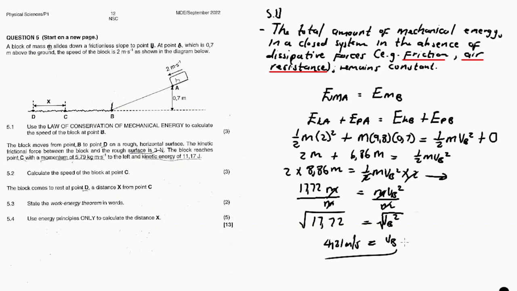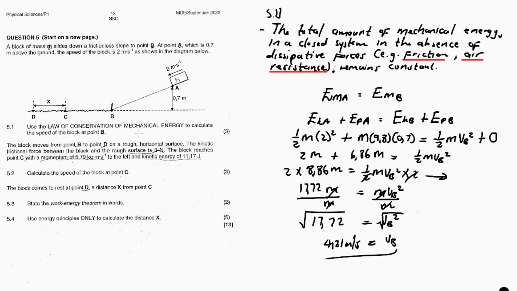Now on the next question, they give a statement that the block moves from point B to D. After the block finishes going down and arrives at B, it moves on a rough horizontal surface. The kinetic frictional force between the block and the rough surface is 3 newtons.